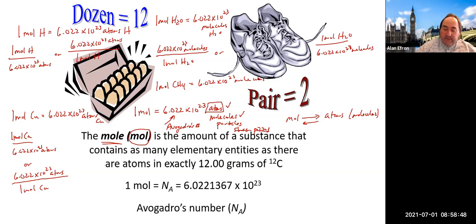If there really is no mention of atoms, molecules, particles, any of those things, you really shouldn't be using Avogadro's number. Sometimes people want to use it in every calculation because it's a number they're supposed to use, but you don't need to use it in every single calculation. So it's an important distinction to make sure that if you do use it, you are using it in the right way.